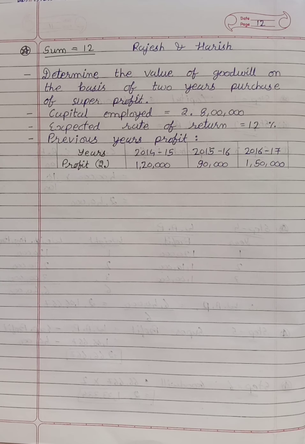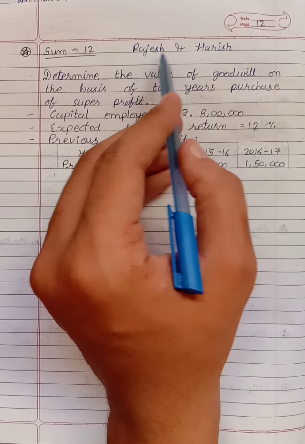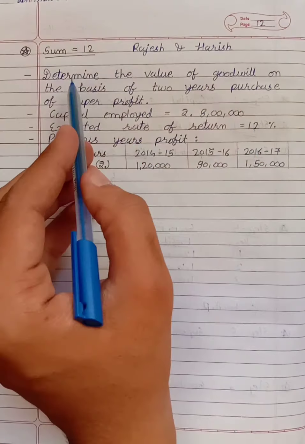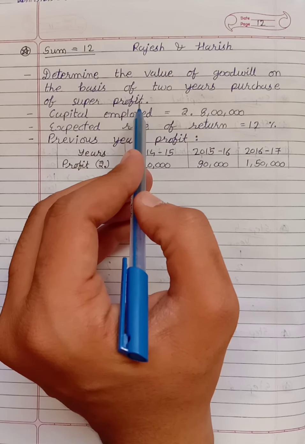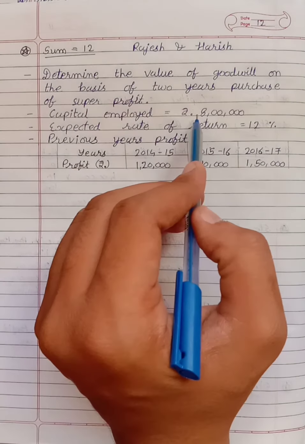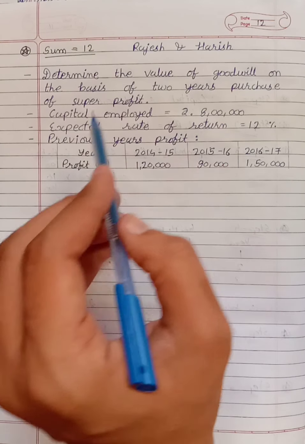Let me solve another sum, the last sum of this method, sum number 12 in your exercise, students. Rajesh and Harish Limited. Determine the value of goodwill on the basis of 2 years purchase of super profit, that means purchasing year is 2. Capital employed is rupees 8 lakh, that means step number 1 is already given in the sum.